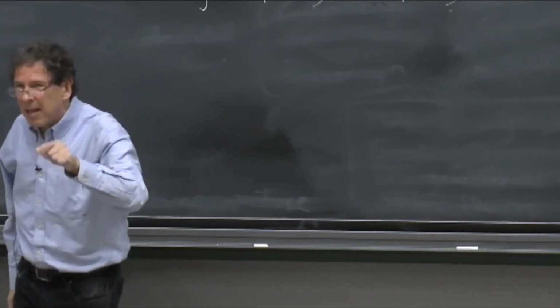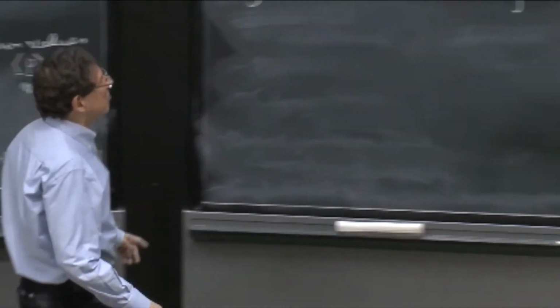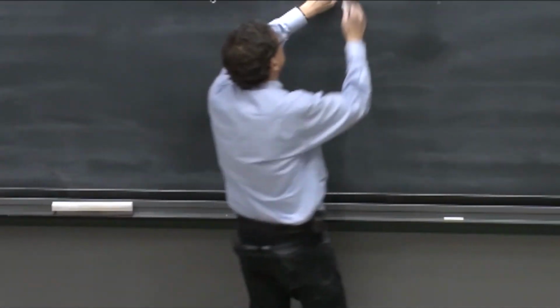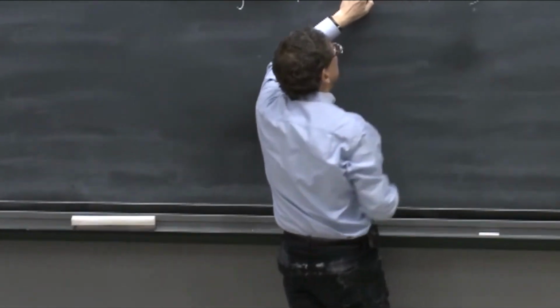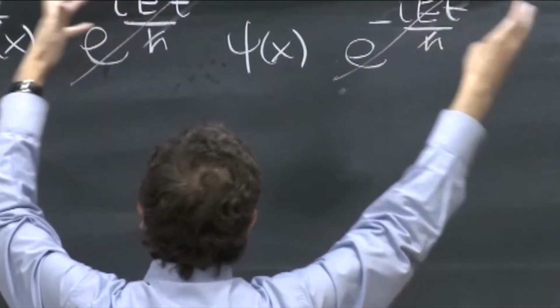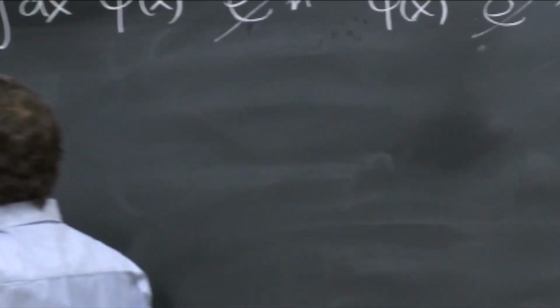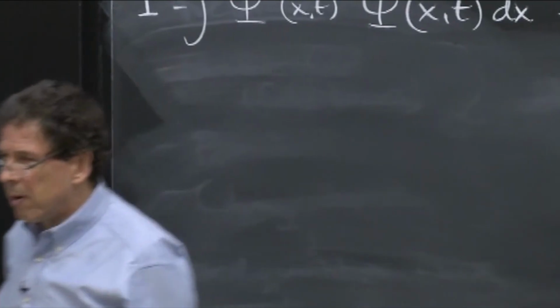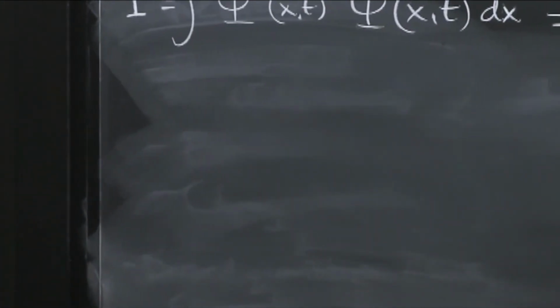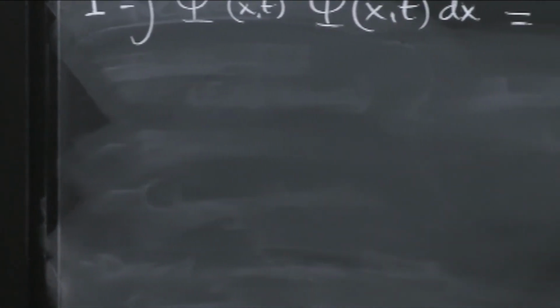It would not have dropped out if the energy had not been real. If the energy was not real, I would have had to put E star here, and here I would have had E star minus E and some function of time. And how can a function of time be equal to 1? That would be a problem. We would not be able to normalize this wave function.